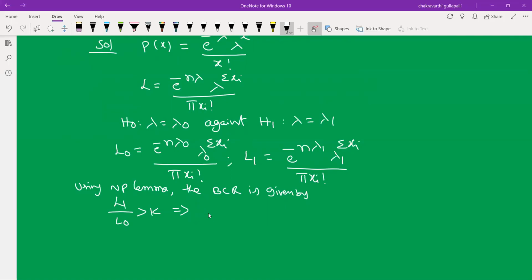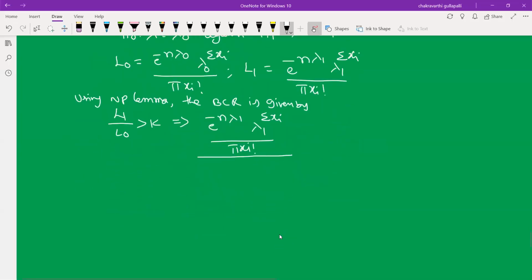Now, L1 is e power minus n lambda 1, lambda 1 power summation xi by product of xi factorial, all dividing by e power minus n lambda naught, lambda naught power summation xi by product of xi factorial, is greater than k.